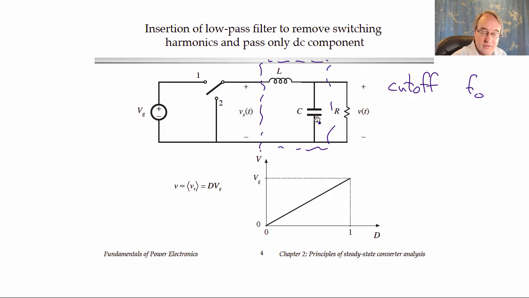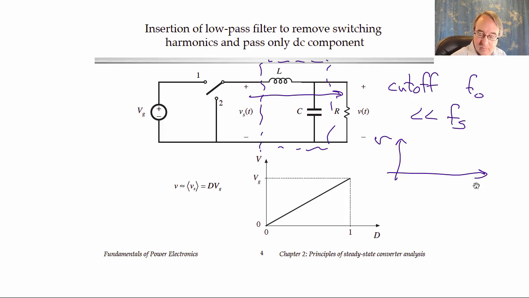So if we choose the values of L and C to make the cutoff frequency much less than the switching frequency Fs, then our low-pass filter will reject the switching frequency and its harmonics, but it will pass the DC component, so that the output voltage v of t then will be essentially constant and equal to the DC component d Vg.